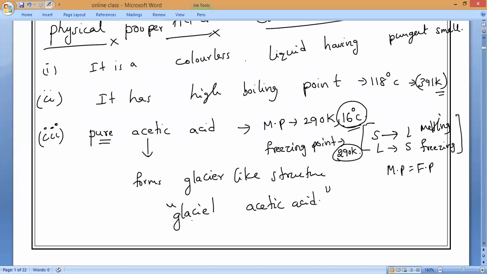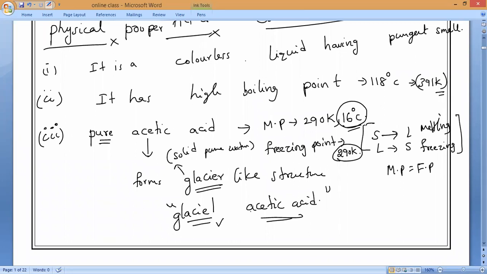Pure acetic acid freezes in the cold or winter season. Glaciers means solid pure water floating on the surface of the liquid. So like glaciers, it also forms a solid. That is why it is called glacial acetic acid. Do you understand, everybody? Any doubt?